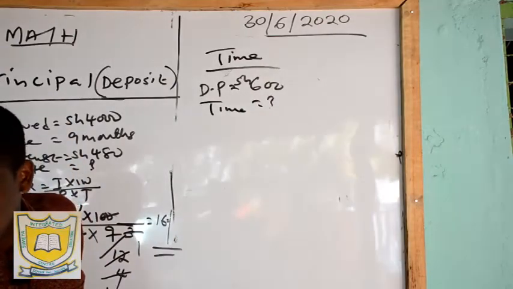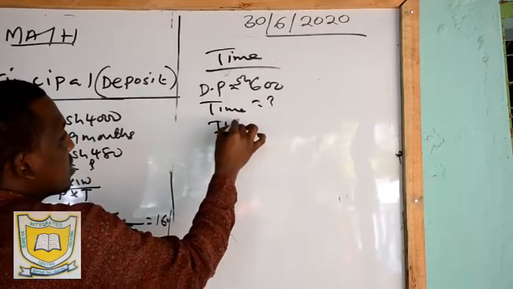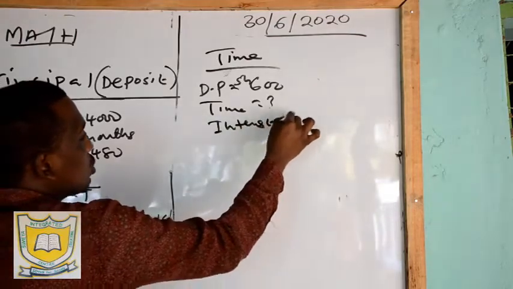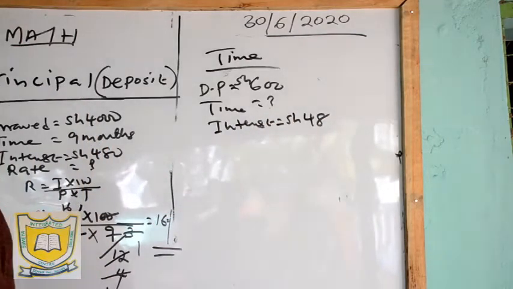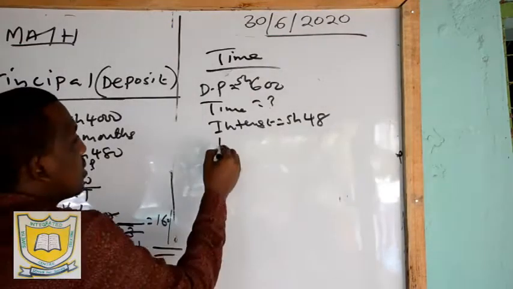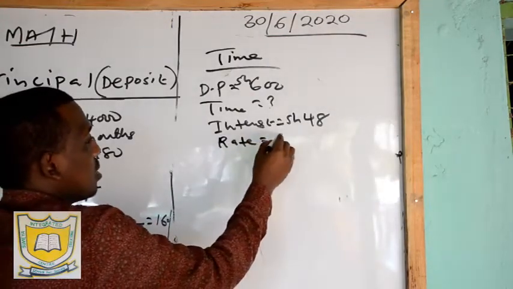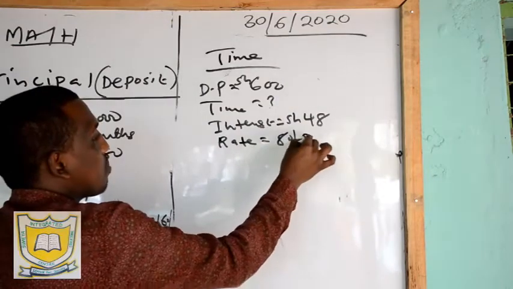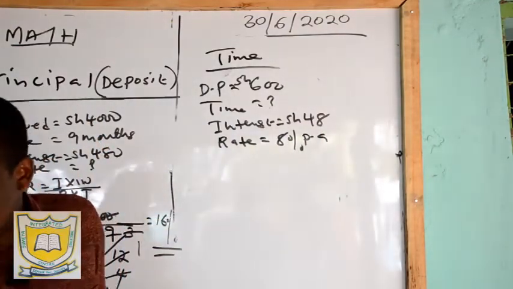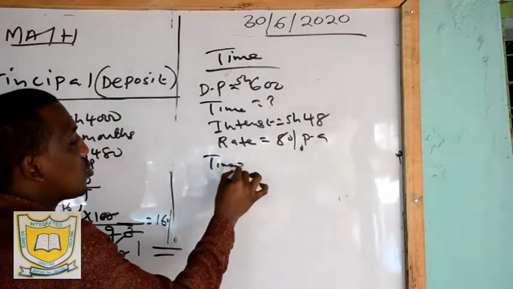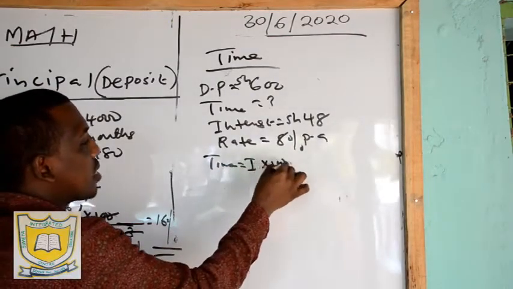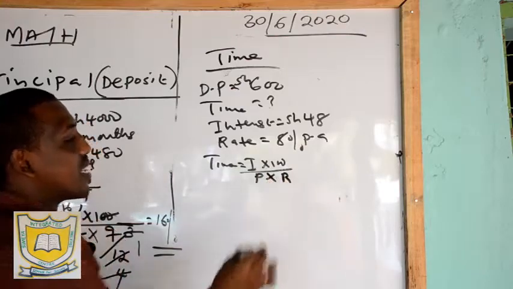You are given simple interest of 48. Interest shillings 48. Rate 8% per annum. So they want now time. So let us get now time. We said time is equal to interest times 100 over principal times rate.